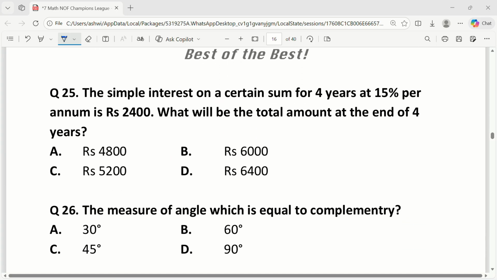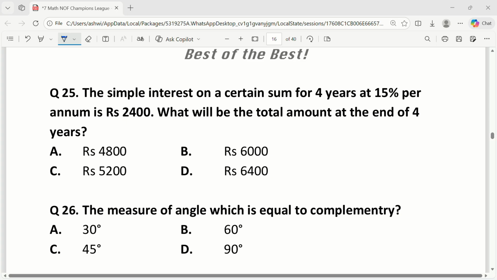Question 25. The simple interest on a certain sum for 4 years at 15% per annum is rupees 2,400. What will be the total amount at the end of 4 years? The formula for simple interest is PRT upon 100, where P is principal, R is the rate, and T is the time in years.